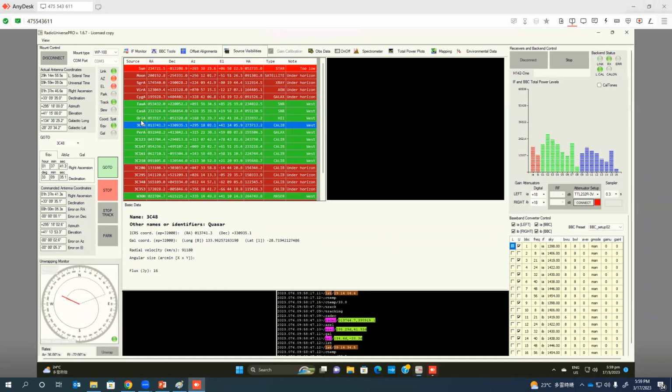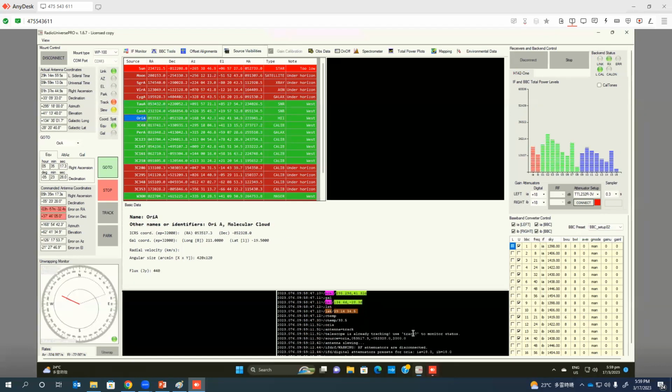I double click on Orion A, and if it works, at the bottom you will see a message, so-called slewing. The antenna will move to a specific direction so that it can point to the source. Maybe the connection is very slow.